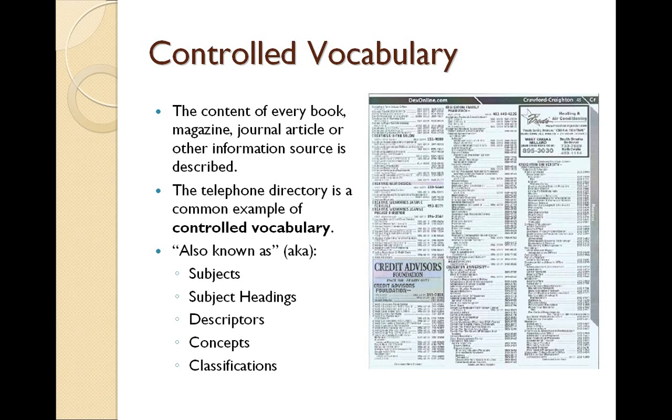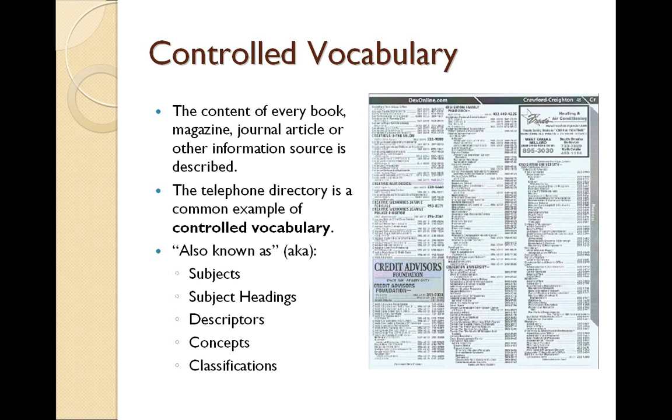And so a telephone directory is a good example of controlled vocabulary. If you look in the Yellow Pages and you go to the back and you say, okay, I need to find a doctor, you know that you need to look under P for a physician, because someone has organized those Yellow Pages to say, okay, all doctors go under P for physician.